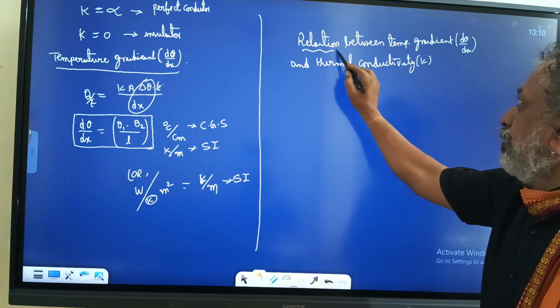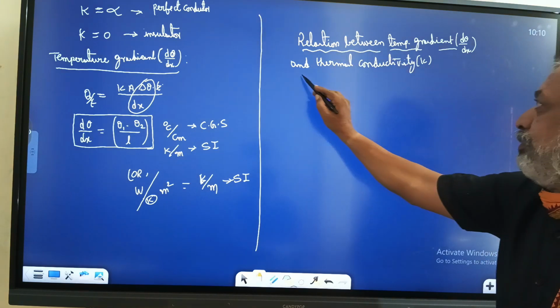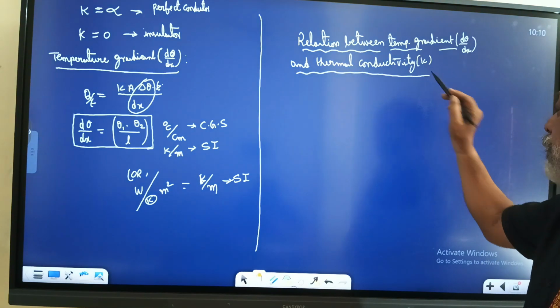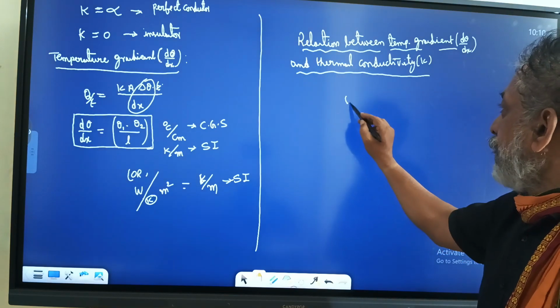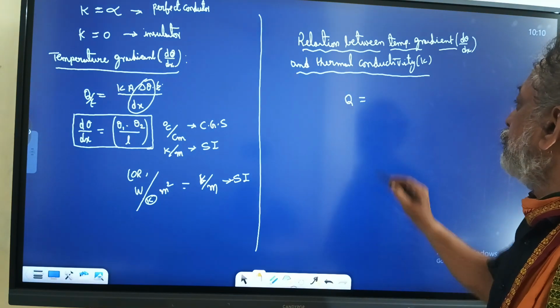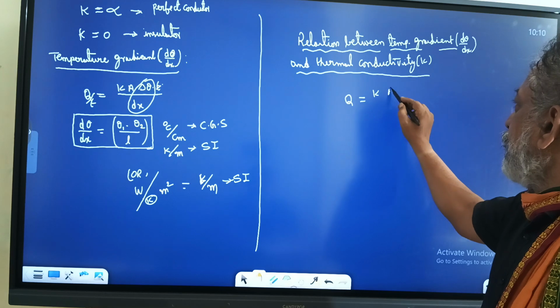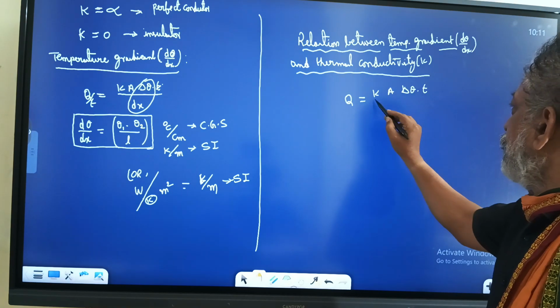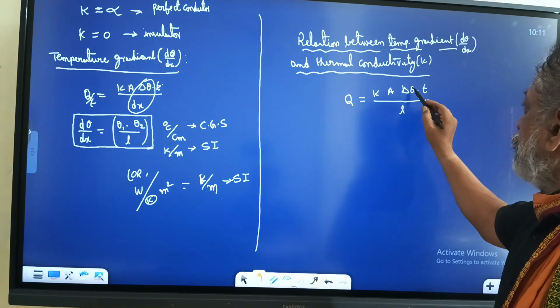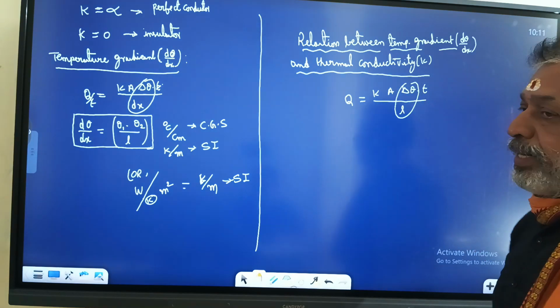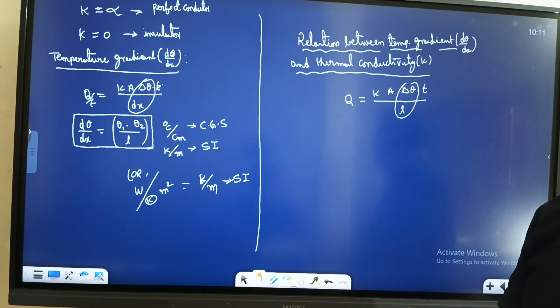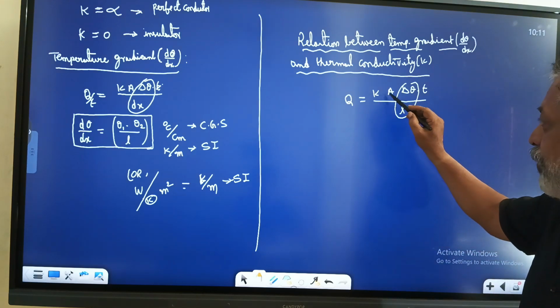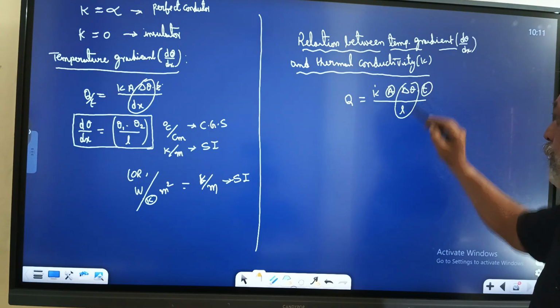Now, what relation are we getting? It is very simple, from the basic formula only. As you know, Q is equal to K A delta theta into t divided by L. Here Q is constant, heat flow is constant. The area of the conductor, the cross section, and the time of flow are also kept constant.